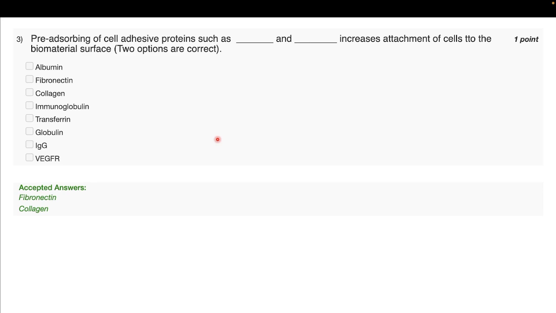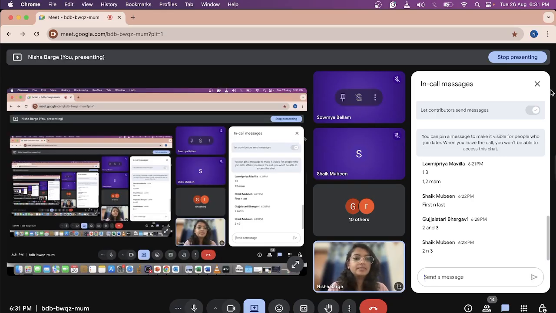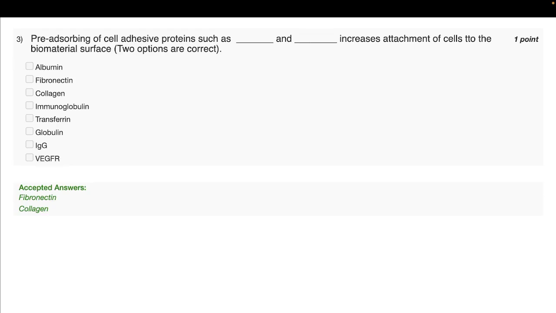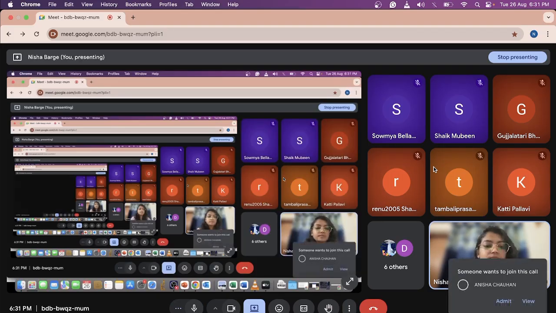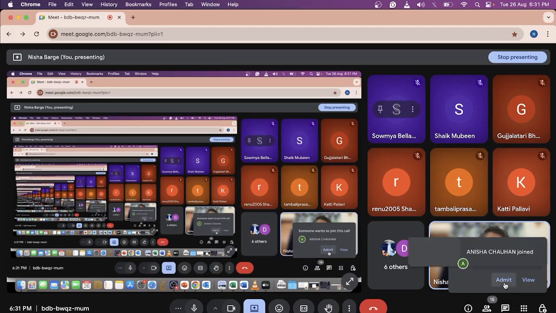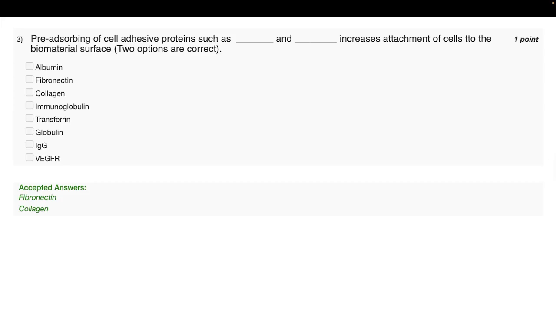These are just two proteins which are very well known for their cell adhesive properties. Any doubts here, or shall I move on? Okay, let's look at the next question then.